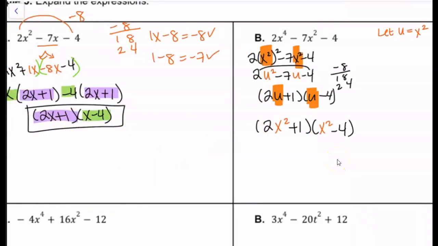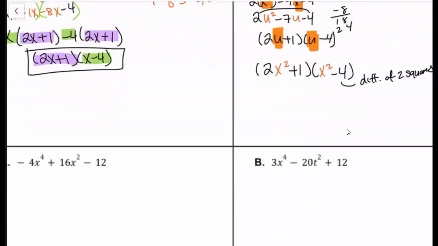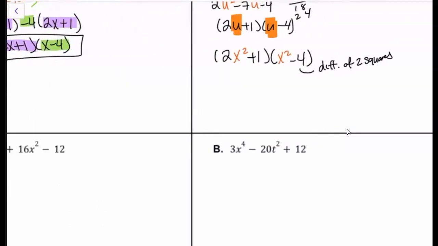Now, once again, you're technically not done because this right here, the x squared minus 4, is what we call a difference of 2 squares. So remember, a difference of 2 squares is when you have two terms being subtracted and they're both perfect squares. And I know 4 is a perfect square because it's 4 times 4. So since this is a difference of 2 squares, I can rewrite it as parentheses.